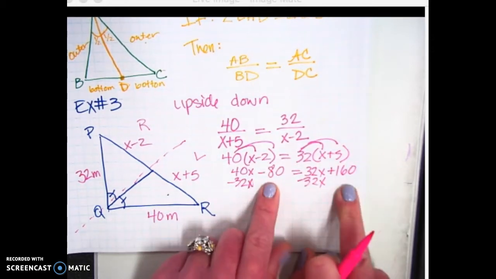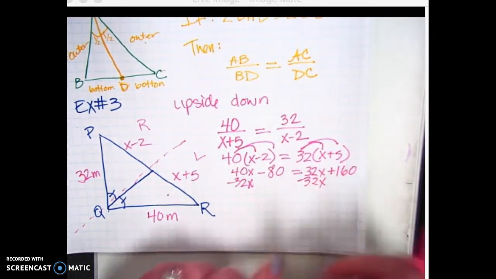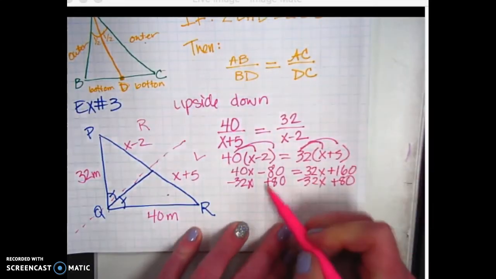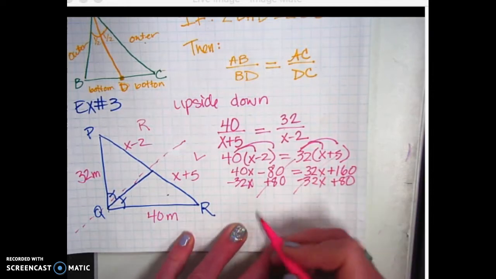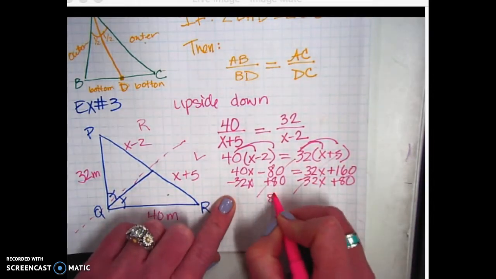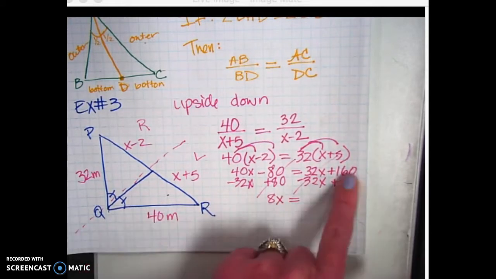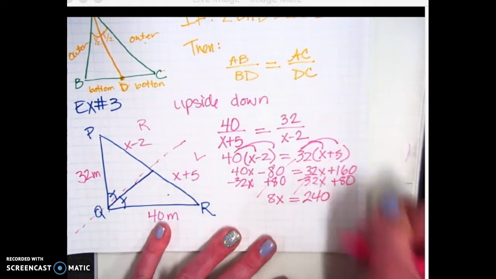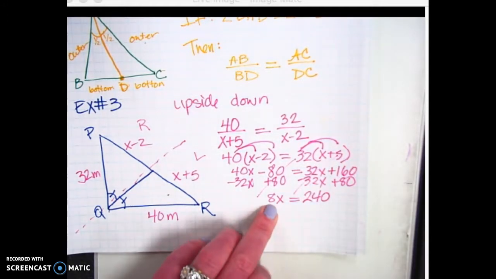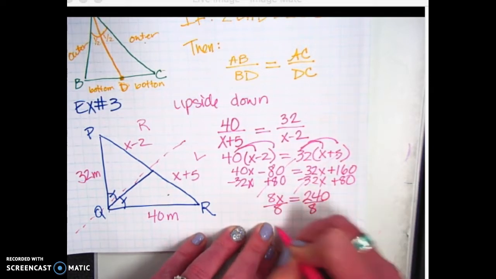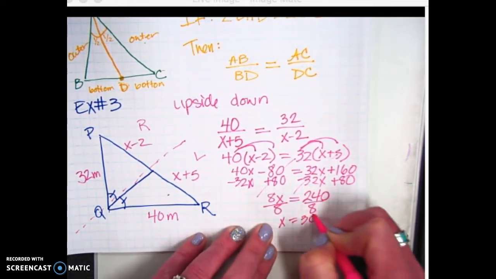In the same step, I'm going to add the 80 to move that over here. These are opposites, and then we're going to combine what's left. So 40x minus 32x is 8x, and 160 plus 80 is 240. And then the inverse operation of multiplying by 8 is dividing both sides by 8. So I got x is equal to 30.